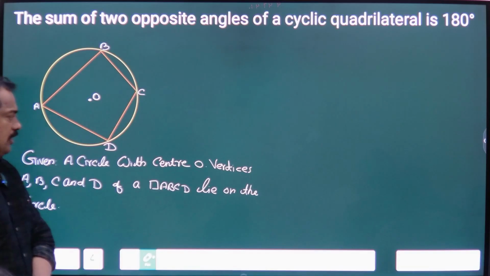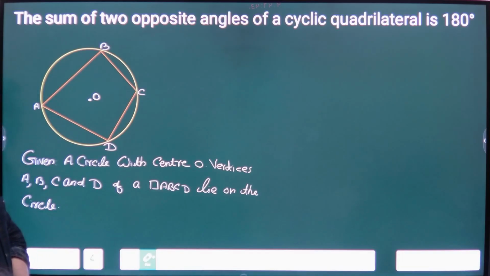A circle with center O, and vertices A, B, C and D of a quadrilateral ABCD lie on the circle.